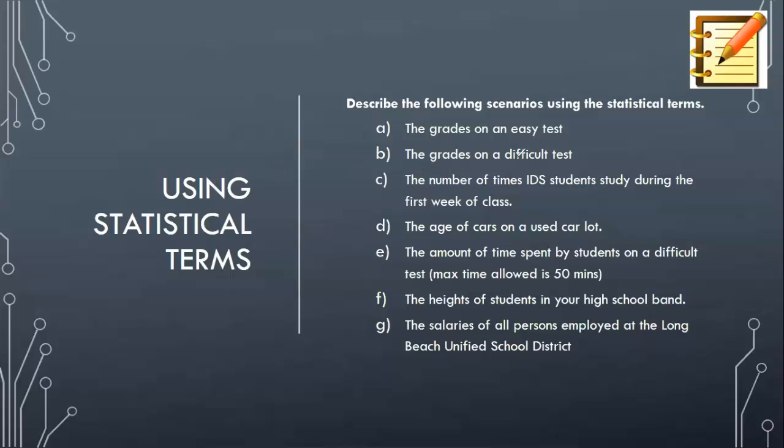Okay, so for an easy test, higher end. So then if I draw a histogram here, let's say this is 20, 40, 60, 80, 100. Most of my grades for that test are probably going to be on the higher end of the spectrum, and I might have very few on the lower end considering how easy it is.